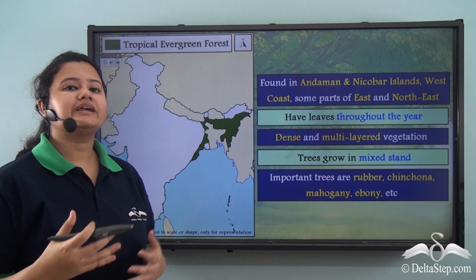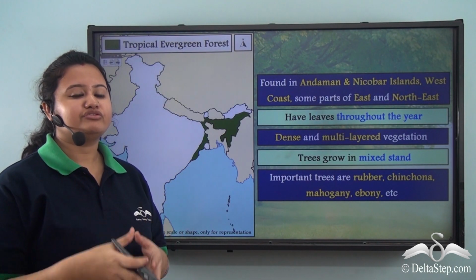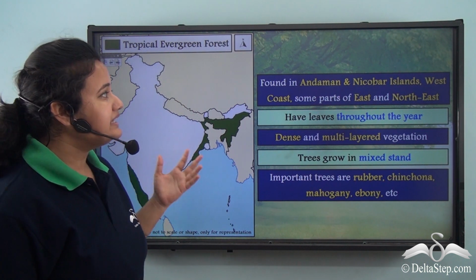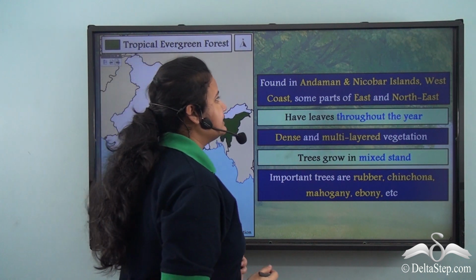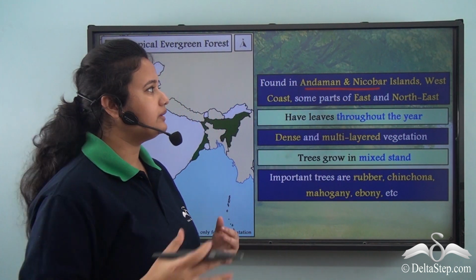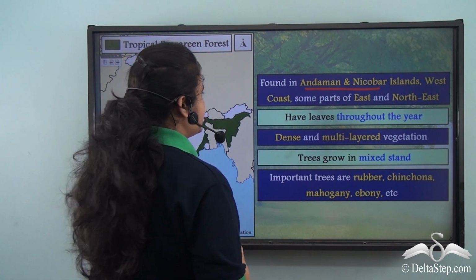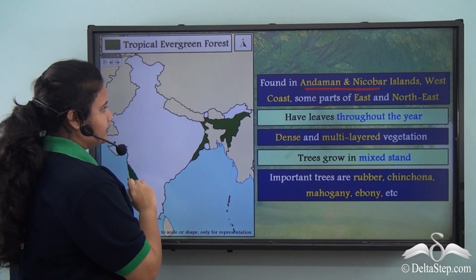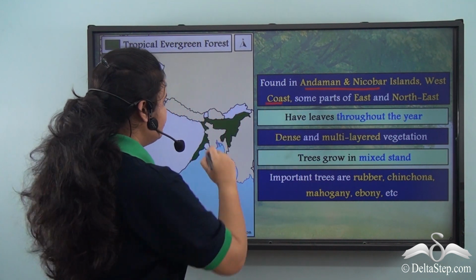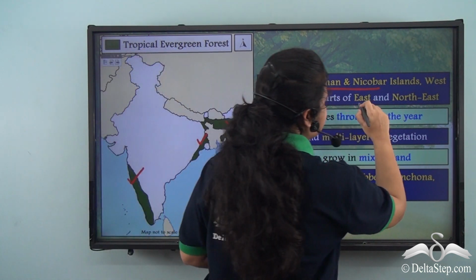So now let us quickly summarize the important features of the tropical evergreen forest. These forests are found in the islands of Andaman and Nicobar and also in the Lakshadweep Islands. Such type of vegetation is also found in the west coast of India and in some parts of east and northeast India.